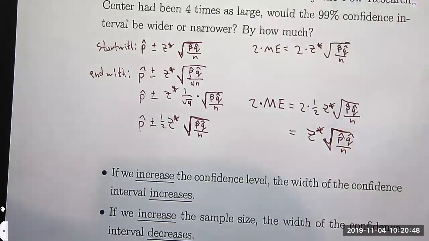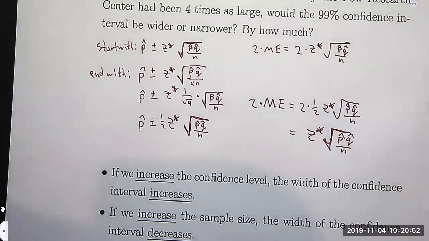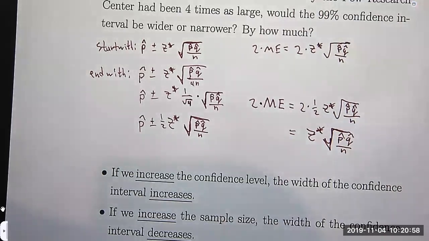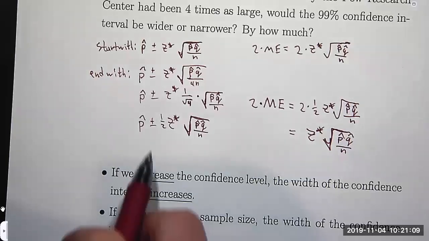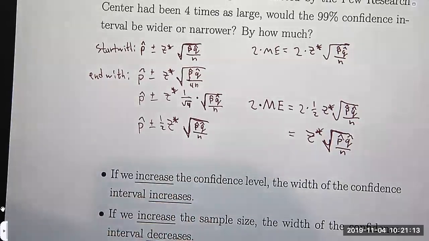All right, so if we compare the two, we see that we went from 2 times that margin of error to just 1 times that margin of error. So the effect was that it was halved, if you actually want to check the lengths of the intervals. You could just look at this number here and see, oh, okay, it's a half.